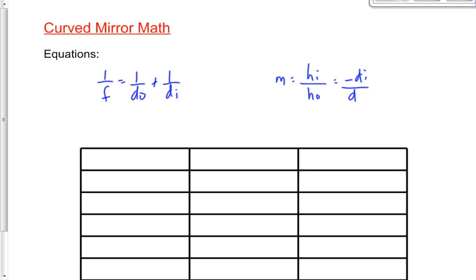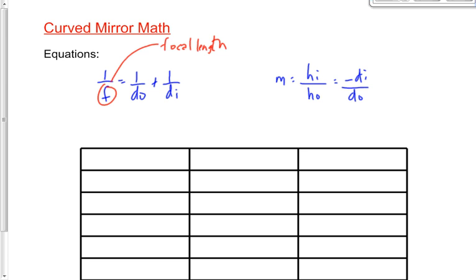I kind of cheated a little bit. I said there's only two equations. Really, this one's like two equations in one, so really there's three equations, but we write it as two. Let's identify what some of these things mean. f stands for the focal length. The focal length is the distance from the mirror to the focal point.